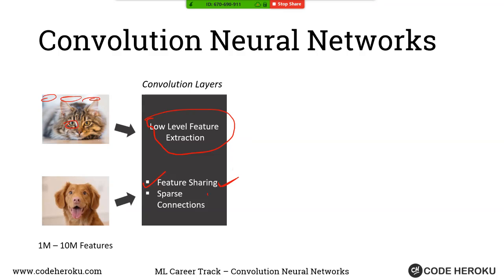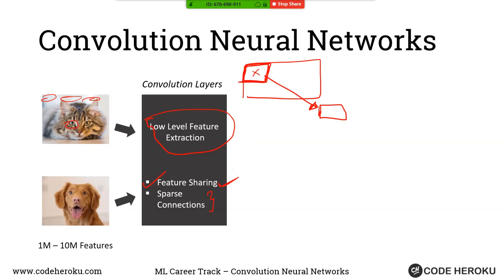And the other thing is sparse connections between the layers, right? If you look at what we had done yesterday, when we pass the filter through different sections of images, the next layer is getting affected only by this section of the image.